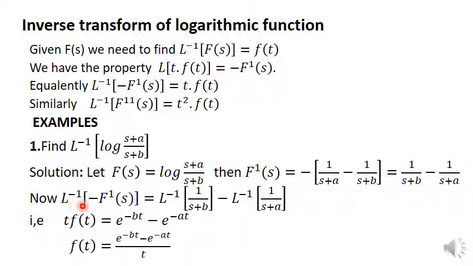We have L inverse of minus f prime of s is equal to t into f of t. From the formula, t into f of t is equal to the inverse Laplace transform of 1 over s plus b, that is e raised to the power of minus bt, minus L inverse of 1 over s plus a, that is e raised to the power of minus at. Now we need only f of t, therefore you take t to the denominator, and finally you are left with f of t equal to e raised to the power of minus bt minus e raised to the power of minus at, divided by t.